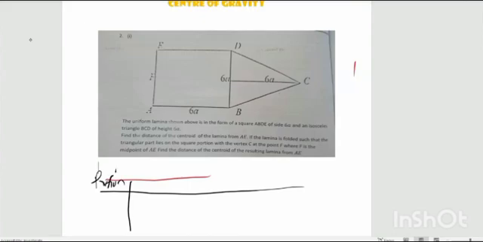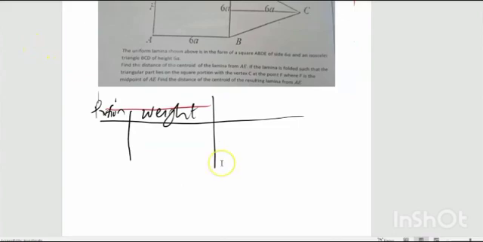If you have a portion, then we have the weight as well as a column for the distance as a coordinate of the center of gravity. Here we only have the distance from AE.